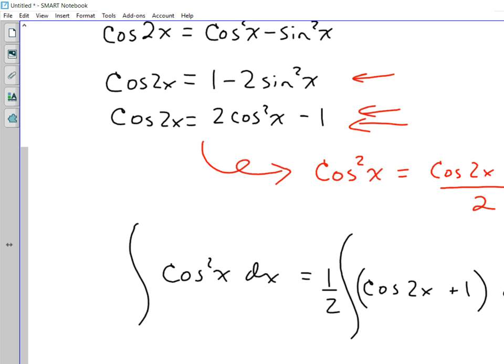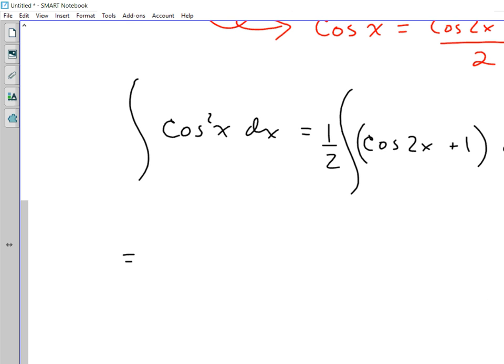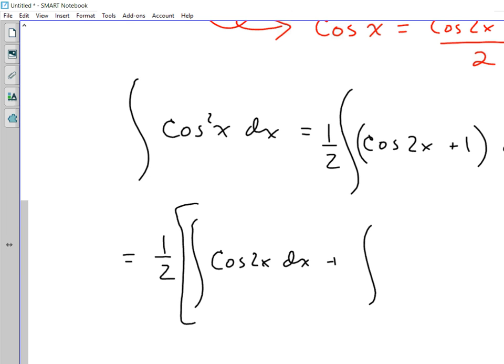And the other one, cosine of 2x, that's just the u sub.